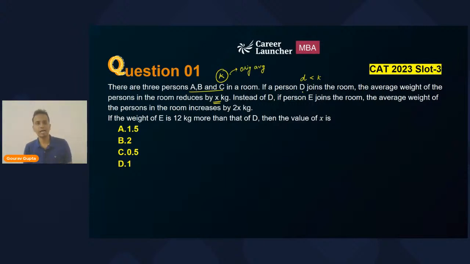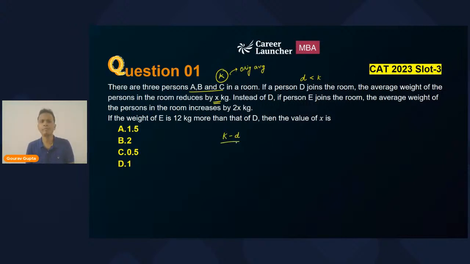So since the average is getting reduced after the fourth person joins the room, the value of D will be less than the original average. So by what value is D less than K? It will be K minus D.